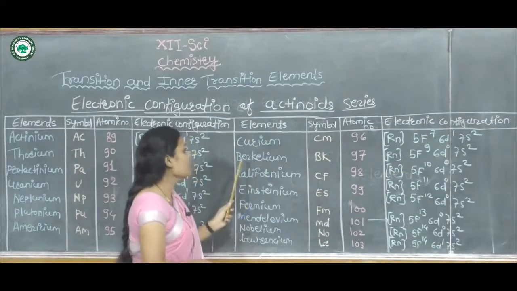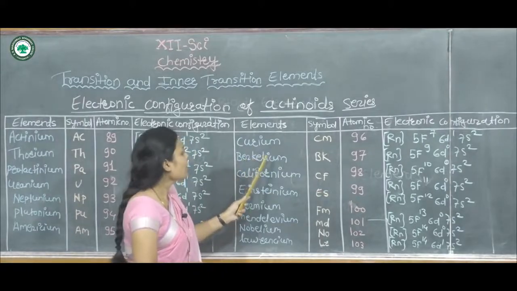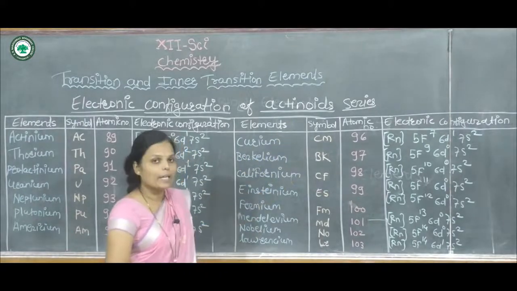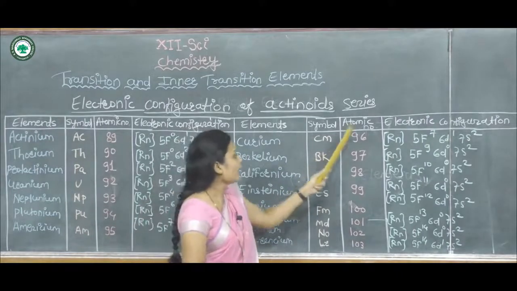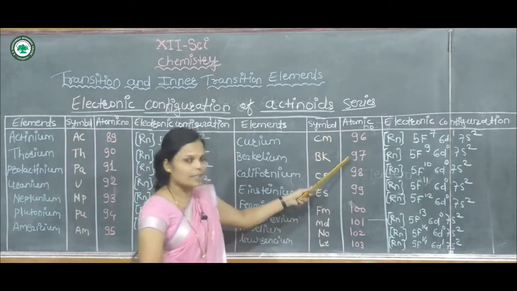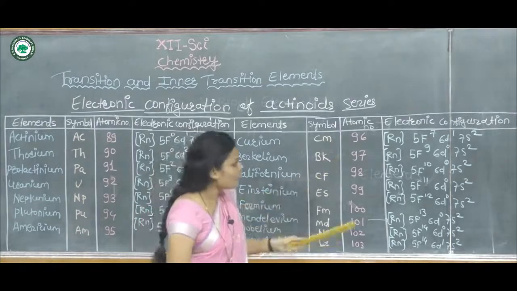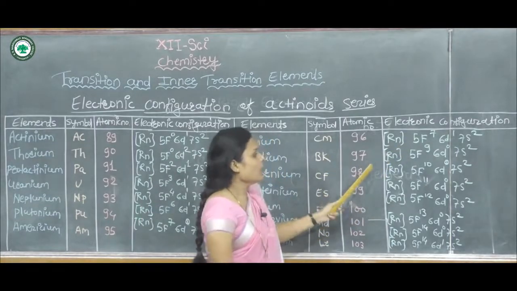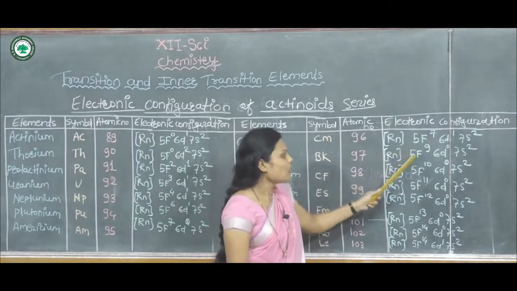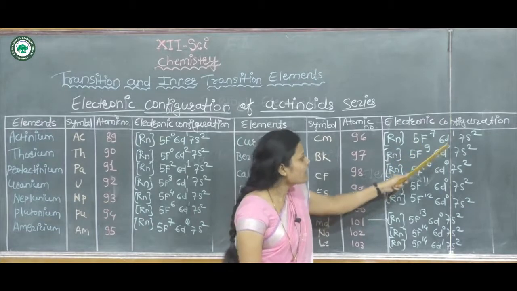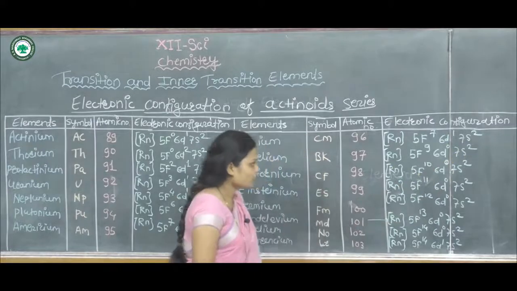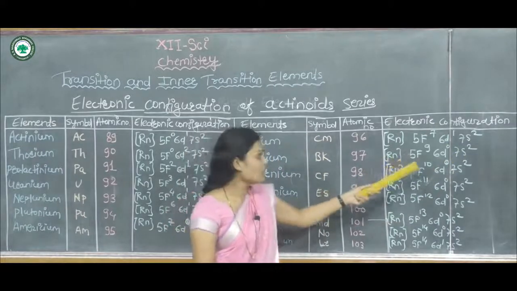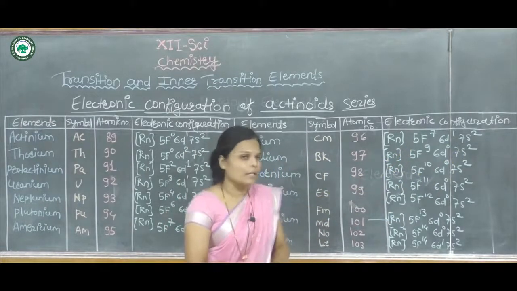Next element is berkelium. Symbol of berkelium is Bk, capital B and small k, and the atomic number of berkelium is 97. Its electronic configuration is 5f9, 6d0 and 7s2. Here in the f orbitals, the number of electrons is 9.